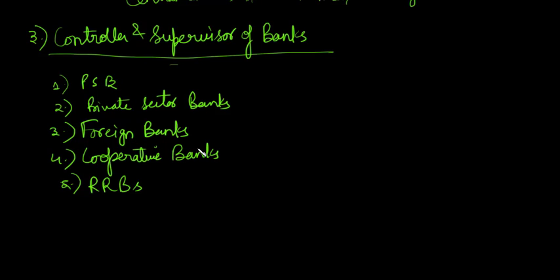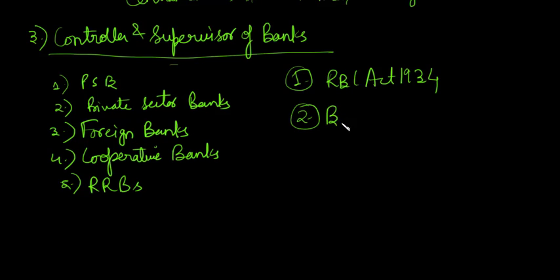And most of the time the question comes, what are the two main acts used by RBI for controlling and supervision of all the commercial banks? So the two acts are, first one is the RBI Act 1934, and the second one is the Banking Regulation Act 1949.